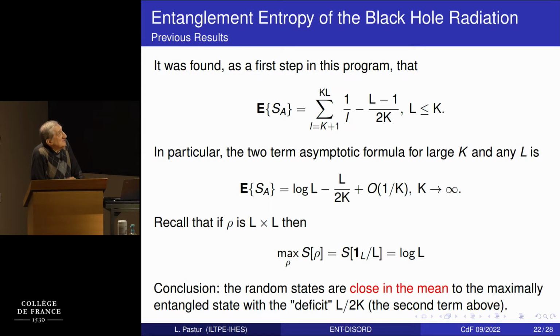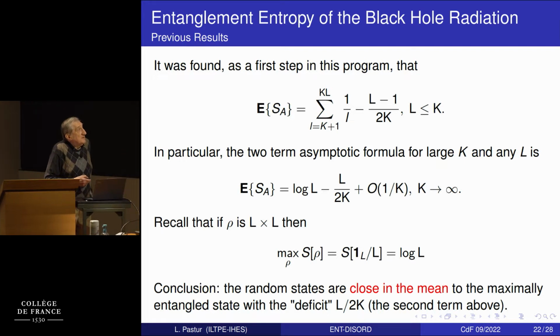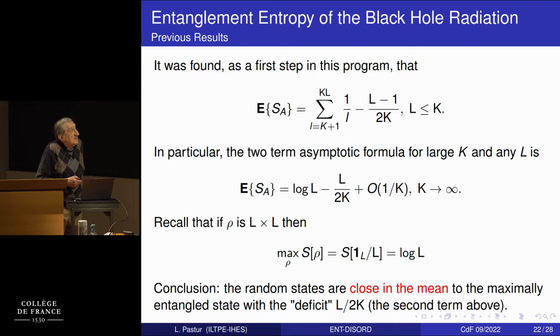K is big, L is any, because this is an exact formula. And let me remind you that if our density matrix were just the unity, normalized by L, it would give the maximum value of entropy.